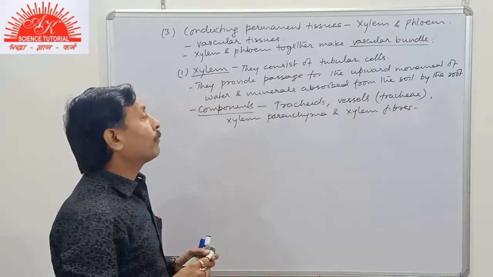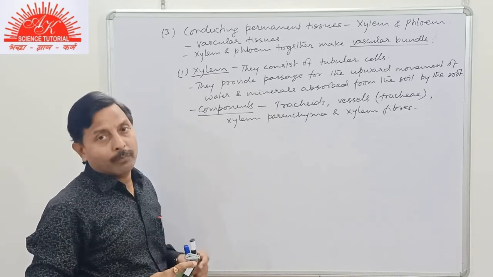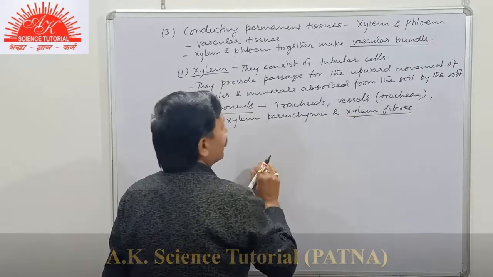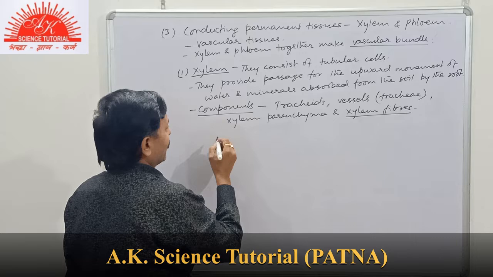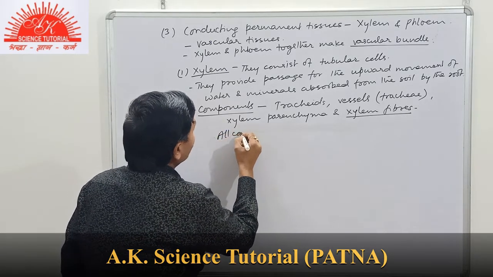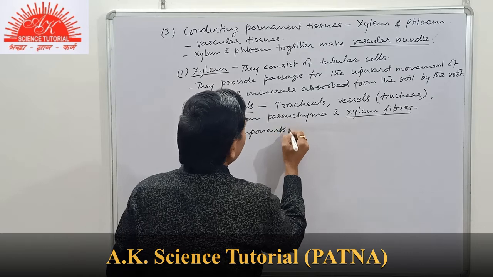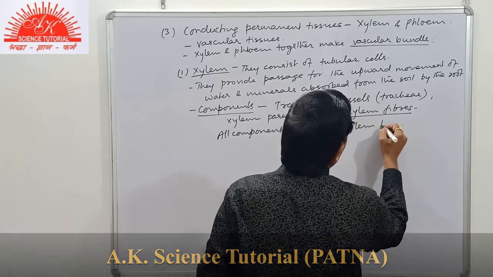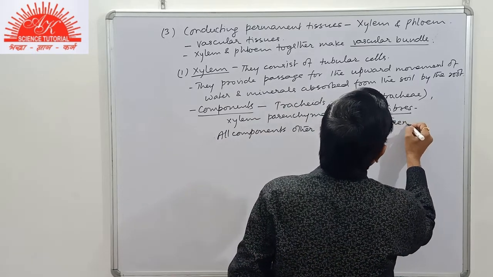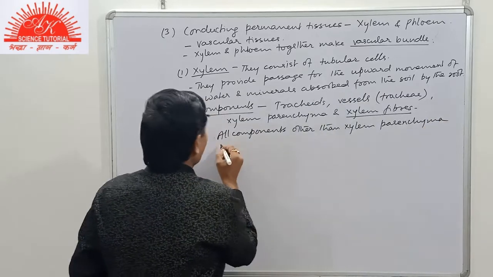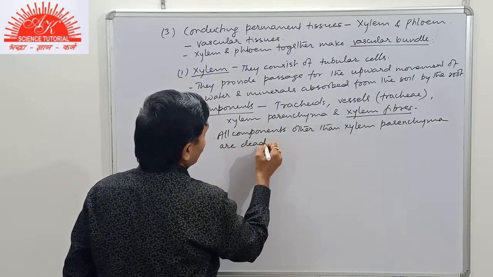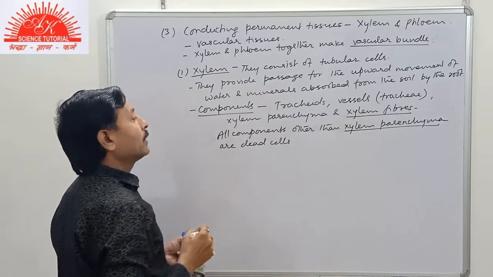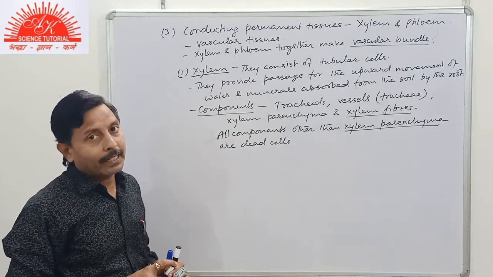So these are the four components in xylem. One more thing: except xylem parenchyma, all components are dead cells. Only the xylem parenchyma is the living cell and the others are dead cells.